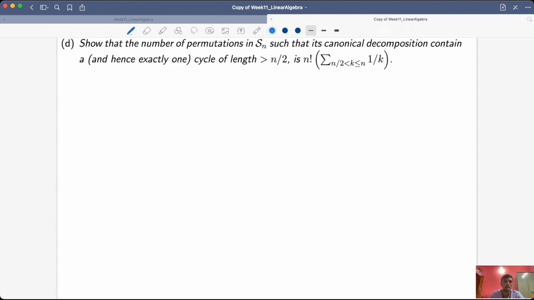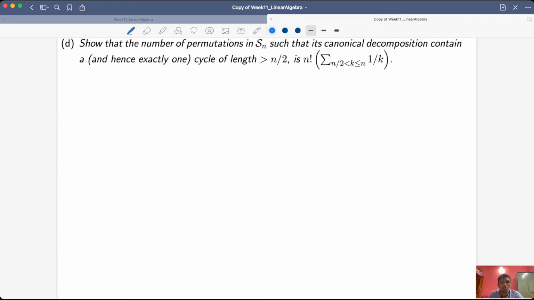Once you have a cycle of length greater than n by 2, there is exactly one, there cannot be more than one cycle of length greater than n by 2, because the total number of elements is bounded by n. Two such cycles cannot exist.